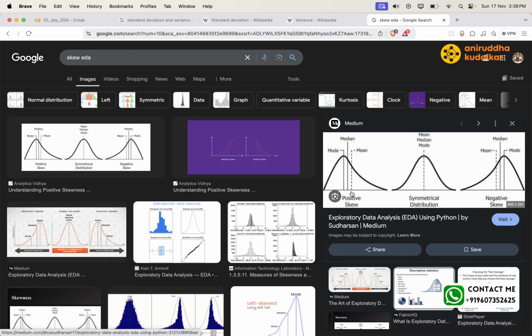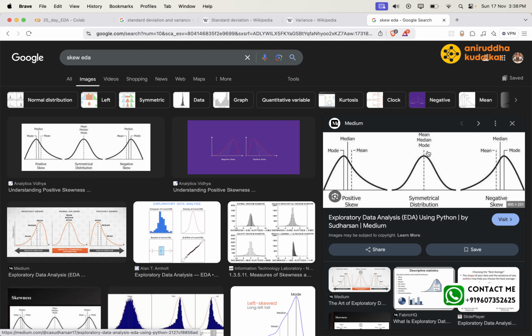In positive skew, this is the mean, and the median is to the left. Remember that: if the mean is here and the median is to the left, it is positive skew. If the mean is here and the median is to the right, it is negative skew.